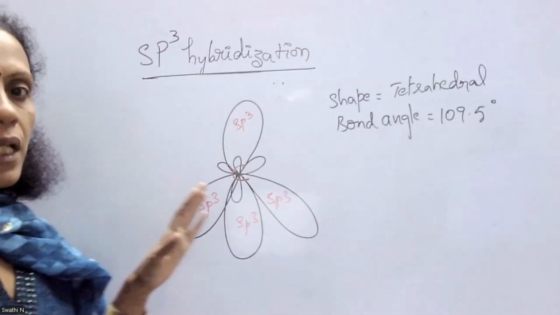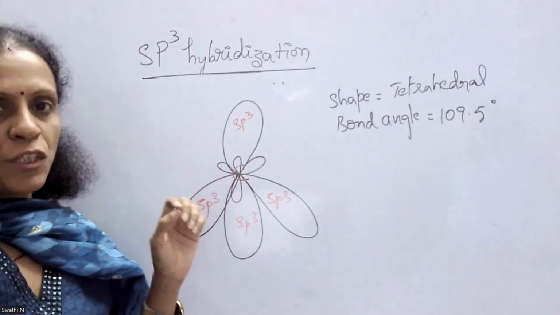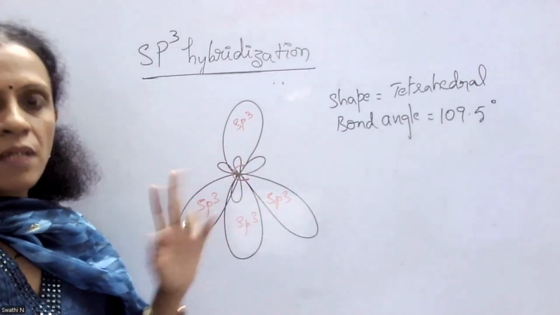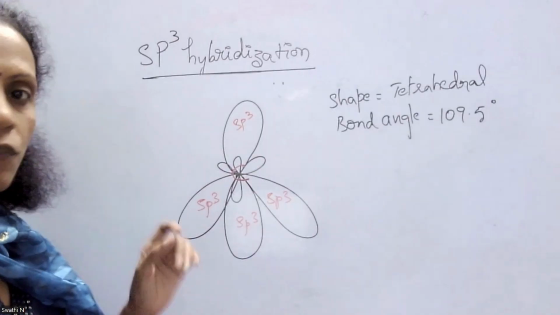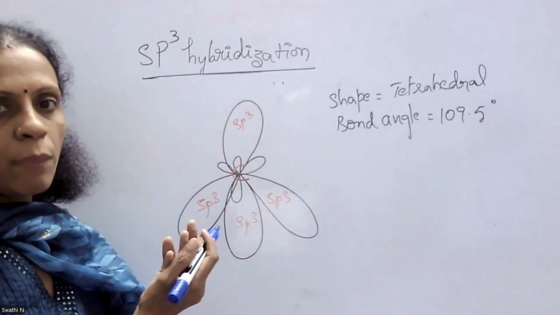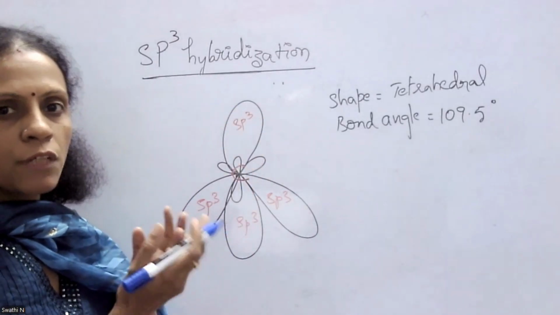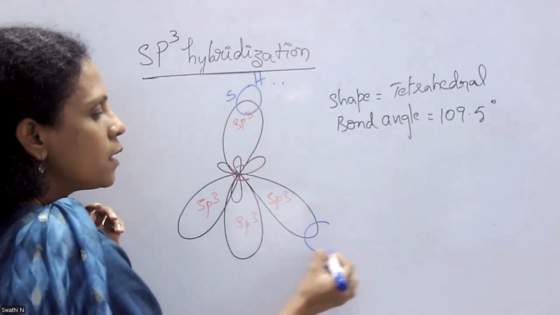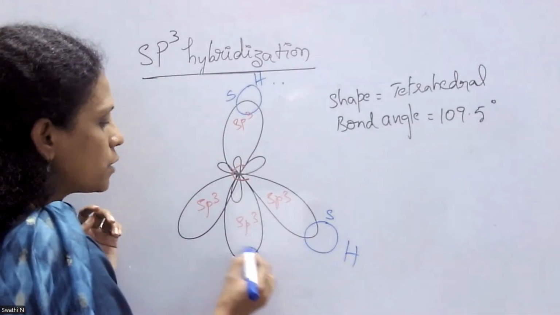Now in case of methane, how will those 4 CH sigma bonds be formed? If you see, carbon will be having 4 sp³ hybrid orbitals. With each of these hybrid orbitals, the s orbitals of the hydrogens will be overlapping. This is the s orbital of one of the hydrogens. This is the s orbital of another hydrogen.